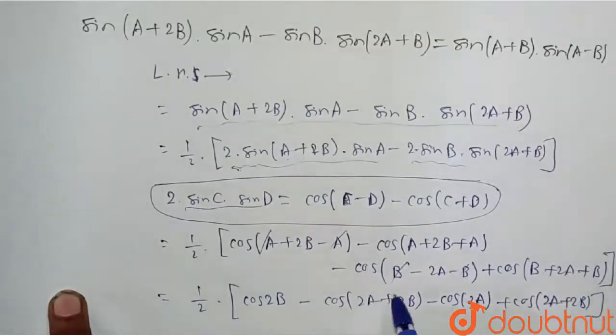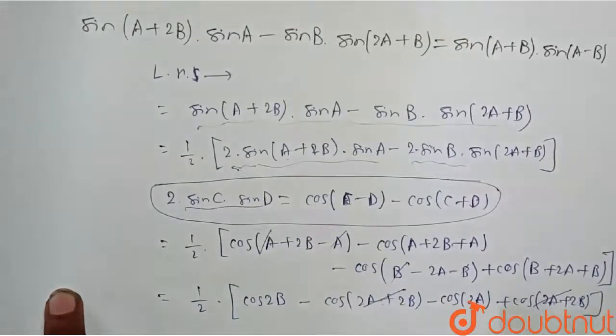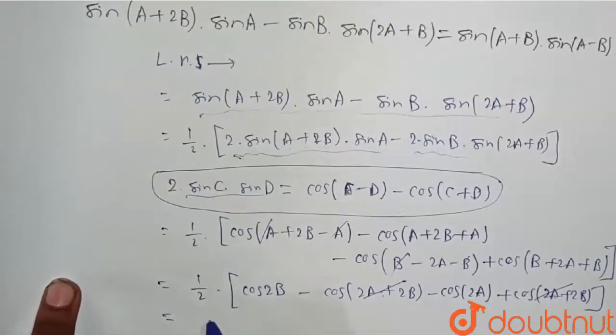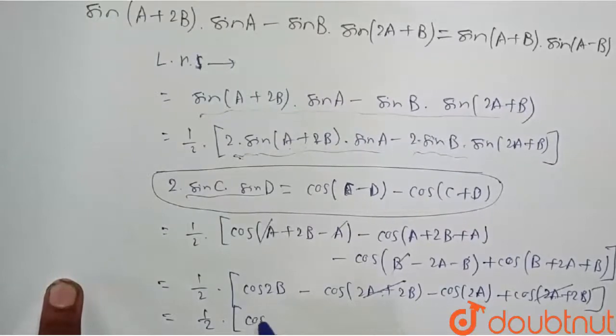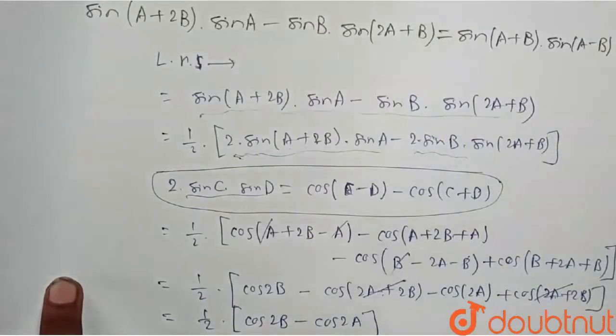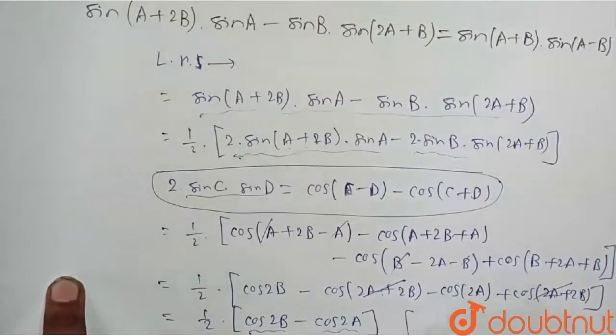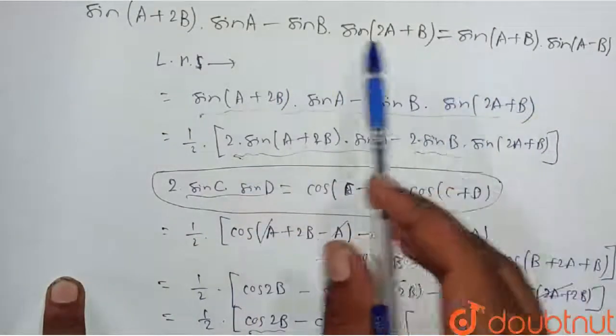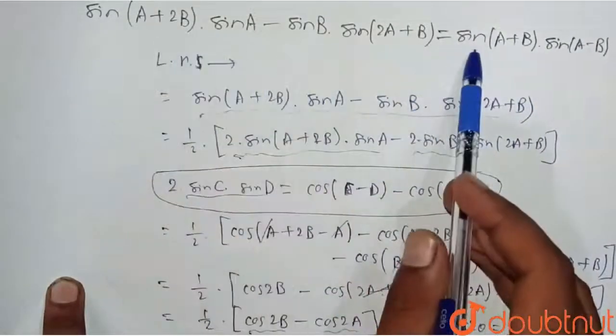So we can see here these terms are equal, so they cancel out. If we simplify this step, we can write 1/2 into cos 2b - cos 2a. Here we get cos 2b and cos 2a, and we have to reduce this expression in the form of sine.